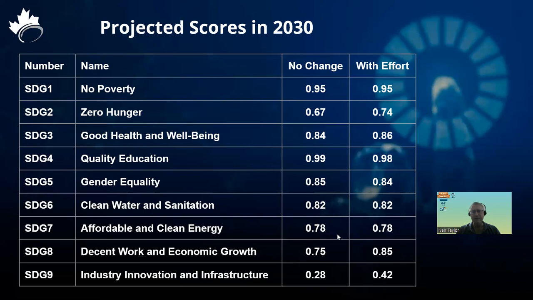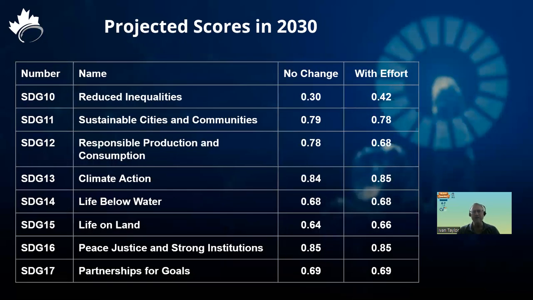Clean water and sanitation doesn't change. Affordable and green energy doesn't change. But decent work and economic growth changes quite a bit. So we see that by investing in industry, innovation, and infrastructure, we can actually improve decent work and economic growth. And then we see here that the investment in industry, innovation, and infrastructure has resulted in a very good improvement in the score for SDG 9.